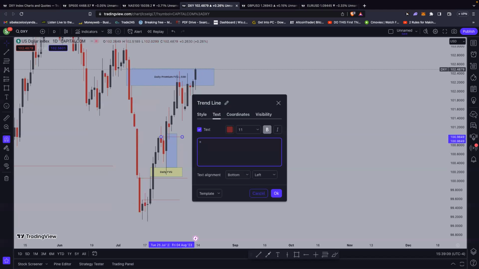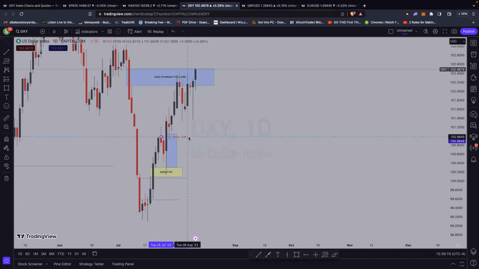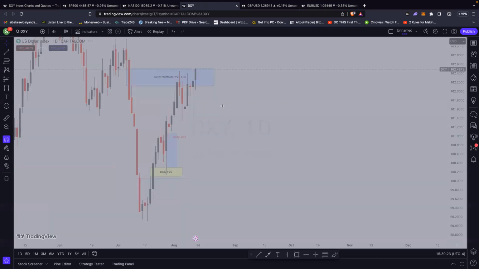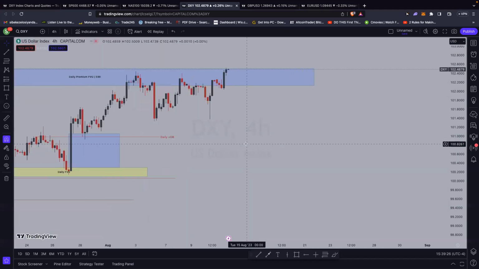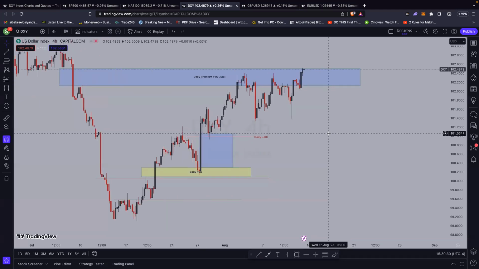So this daily order block, this is how you see where the institutional order flow is. This is how you confirm the direction of the institutional order flow, if it's bullish or bearish.